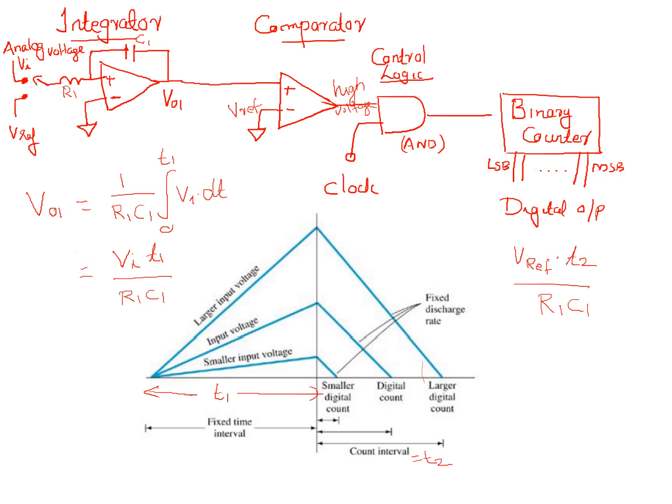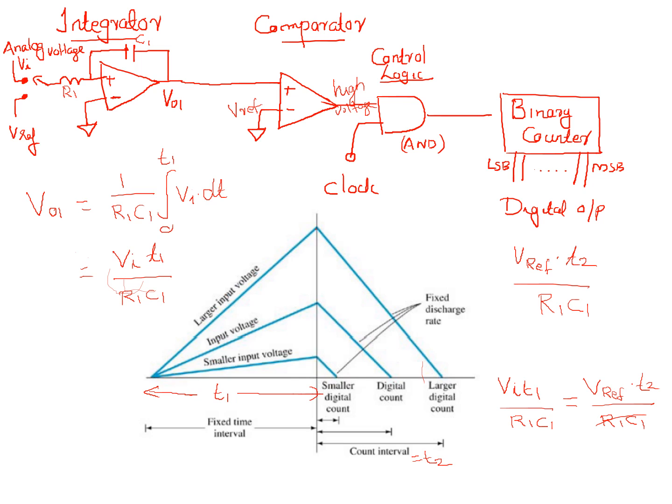That is the time taken to come down, the discharge time. So that will be the corresponding output voltage. Now we know that V01 should be equal to this value. So we can write V01 is VI T1 divided by R1 C1, which should be equal to V reference into T2 divided by R1 C1.